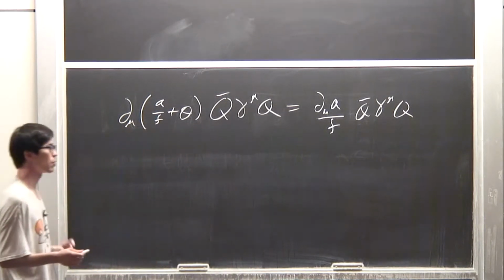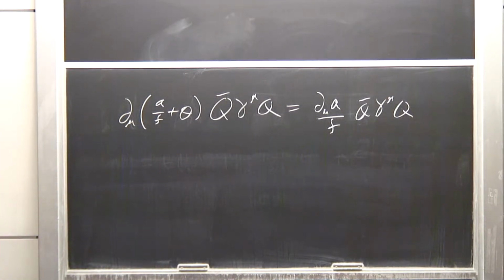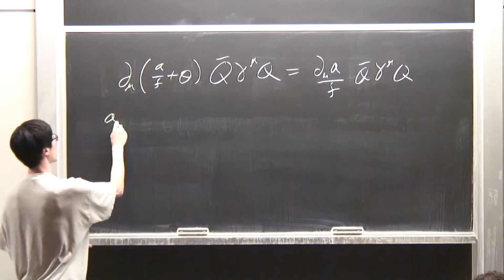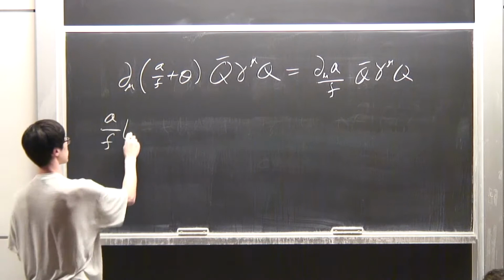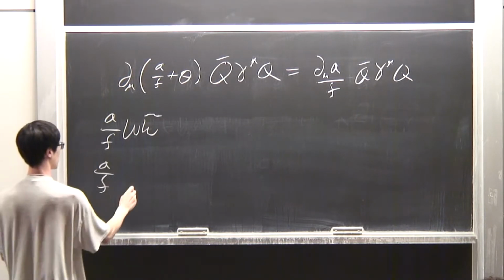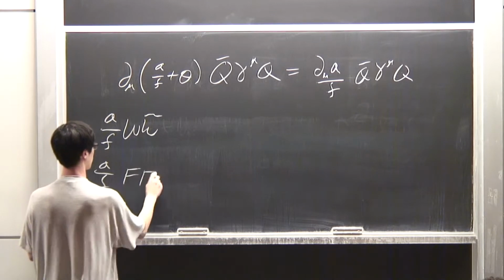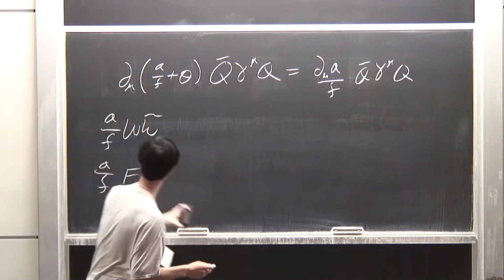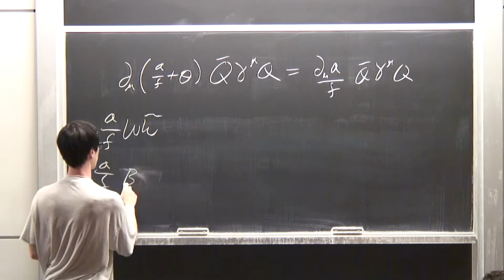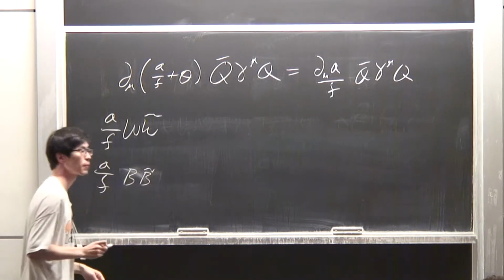However, you will not necessarily always have the following couplings, which are a over f times W W tilde, or a over f times, we haven't broken electroweak symmetry, so let's call this B B tilde.